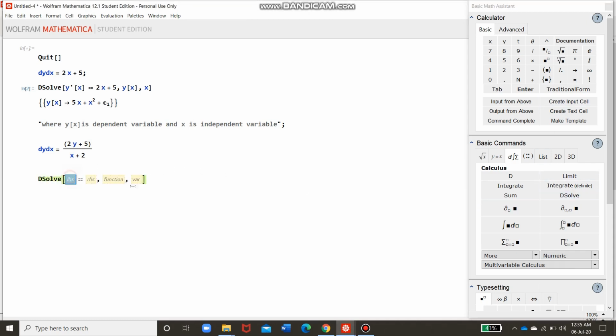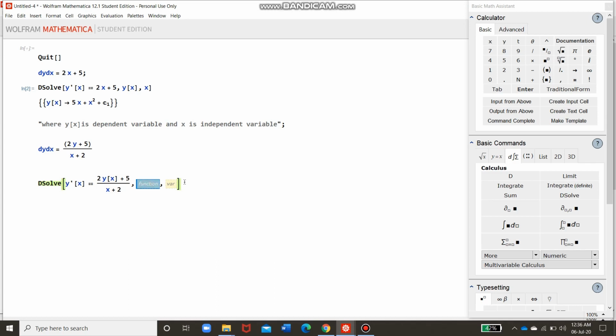So your LHS is basically y dash of x, and your RHS is going to be the whole thing. I'm just going to copy it, but over here it's with respect to x. Please make sure you always do that. All the y terms are dependent on x, and I believe that's it.